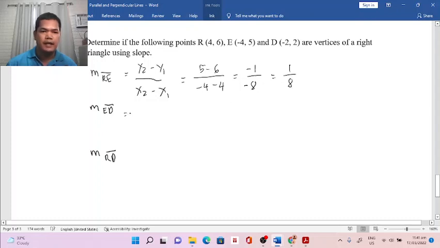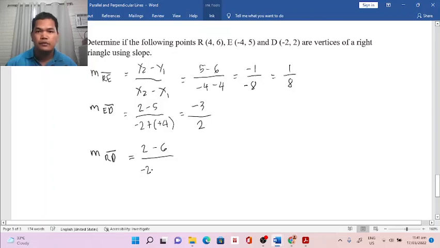For ED, we'll have (2 - 5)/(-2 - (-4)), which is equal to -3 over, change the sign and proceed to addition, -2 plus 4 is 2. Then for RD we will have (2 - 6)/(-2 - 4).